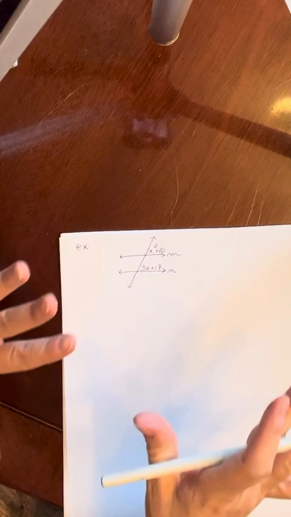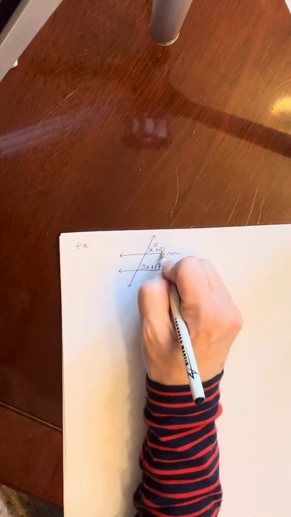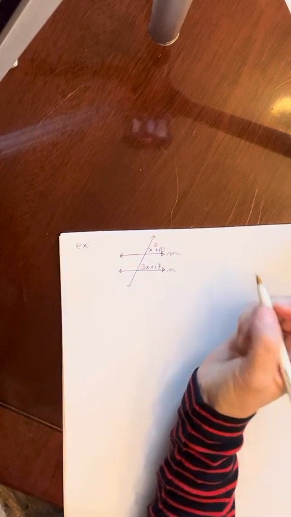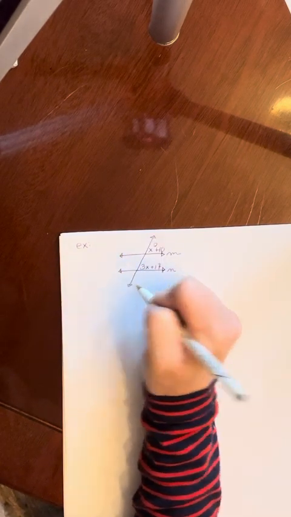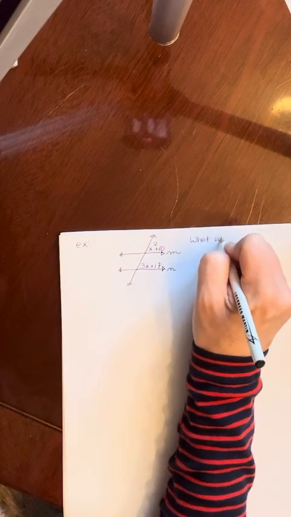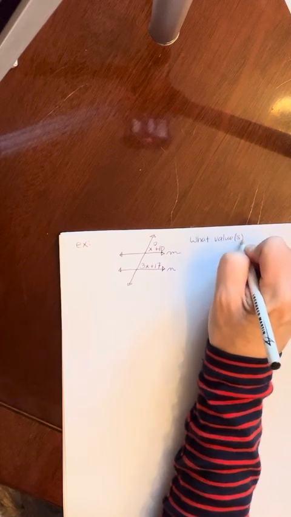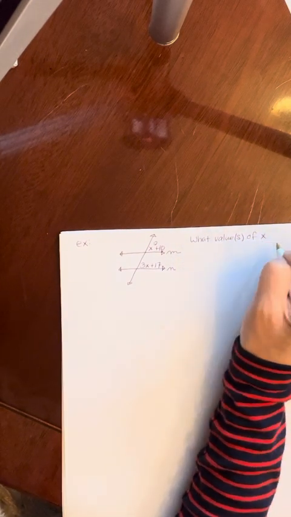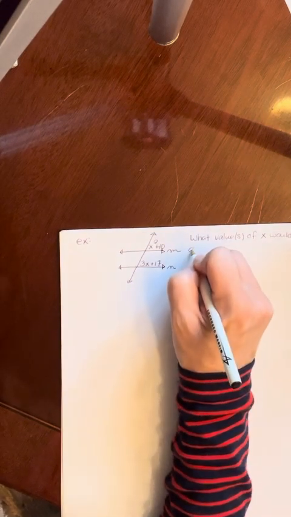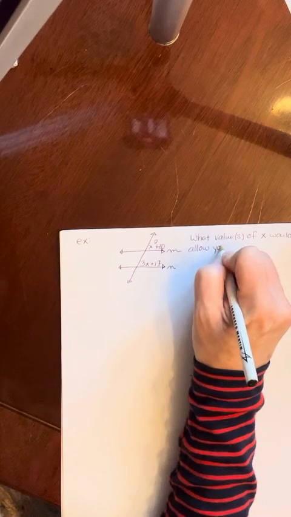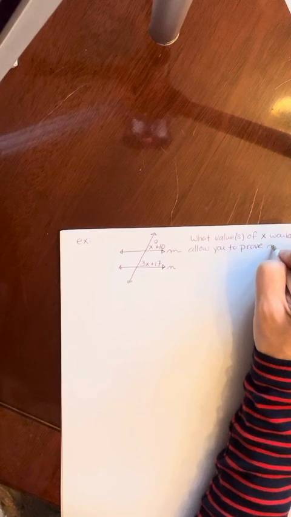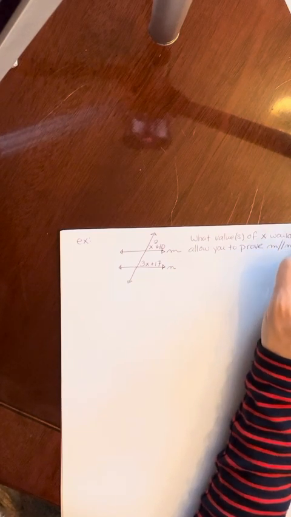The way the problem is going to work will help you with your review for your final, because there's a little bit of algebra to this problem that may or may not show up on your final. And the question is, what value or values of x would allow you to prove M parallel to N?